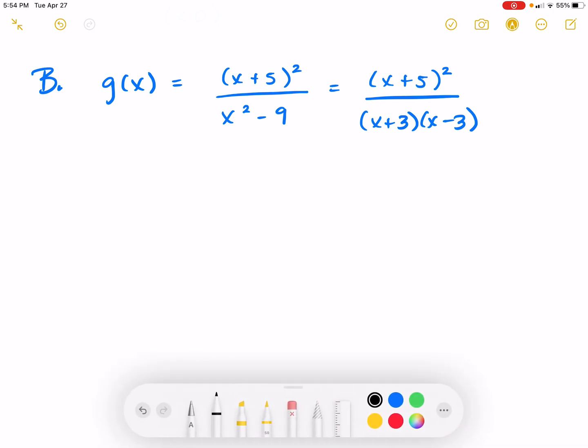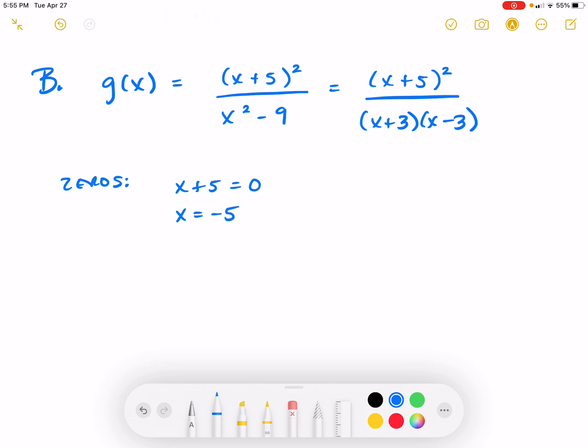So let's go ahead and start by finding the roots, or let me call it the zeros so that part A makes more sense. All right, well, the zeros of a rational function are in the numerator. So we would take this part right here and say that x plus 5 is equal to 0. Well, that means that x equals negative 5 is the 0.